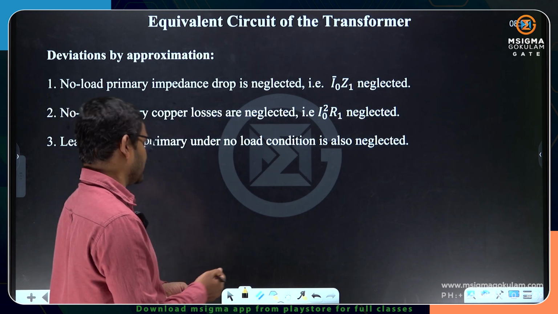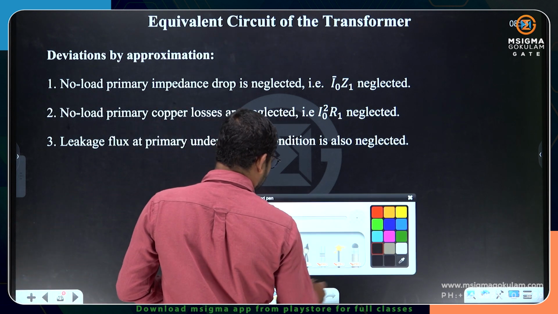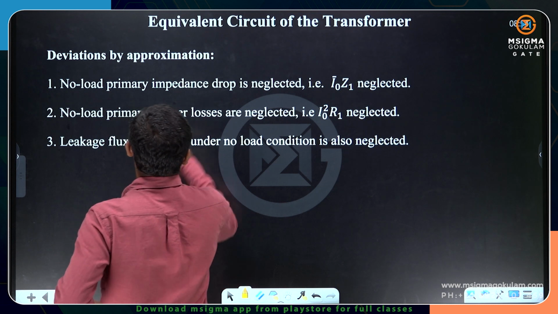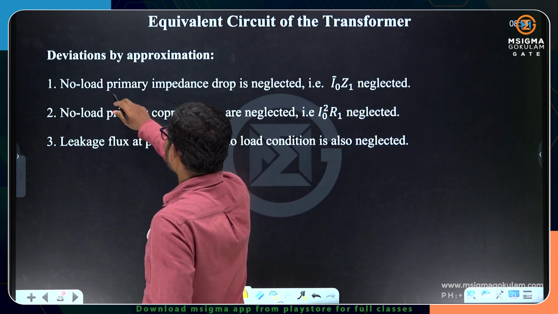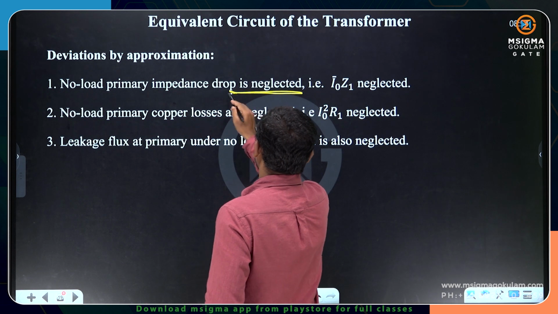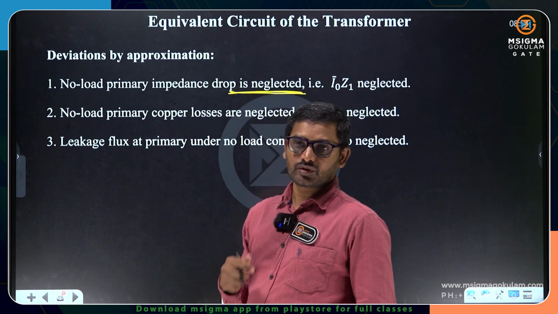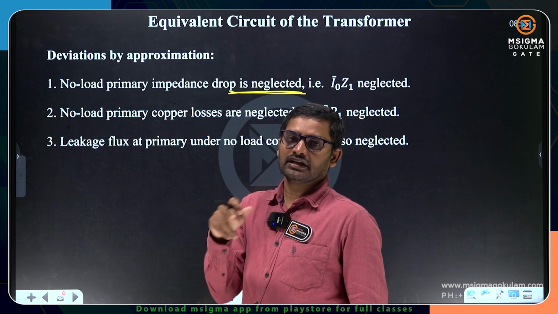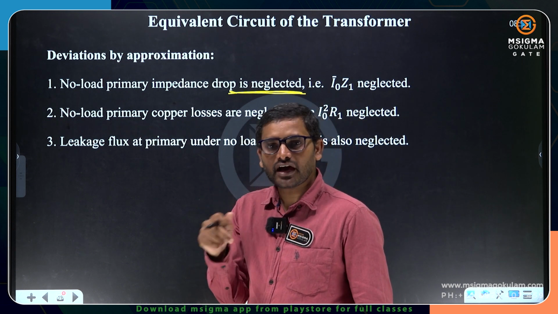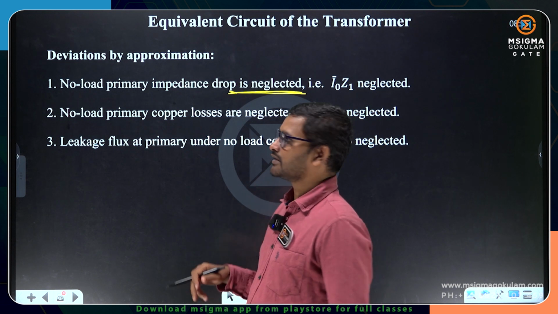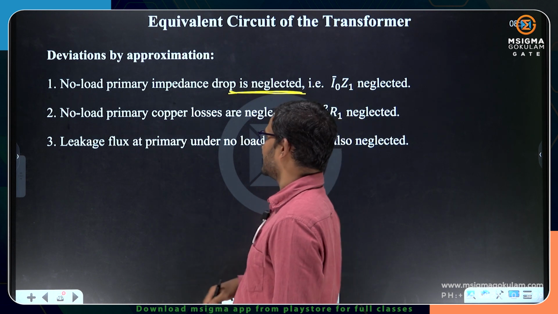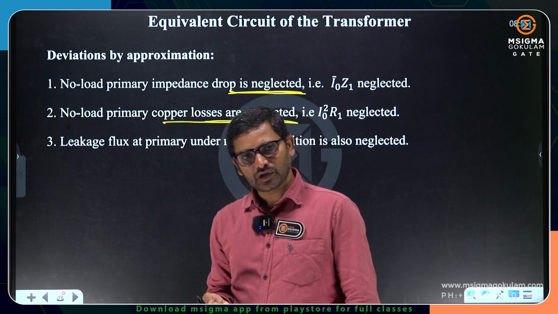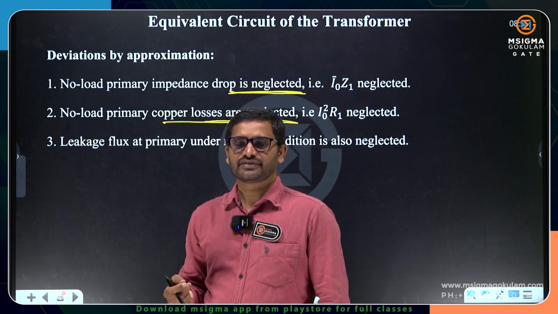And before going to do this approximation, I said that the no load primary impedance drop is neglected. I0, no load primary impedance. So on the primary side R1 and X1 is there, no? So I0 into R1 plus I0 into jX1, that value is neglected. And the no load primary copper loss is also neglected, because during no load operation also, I said the no load current is very small.